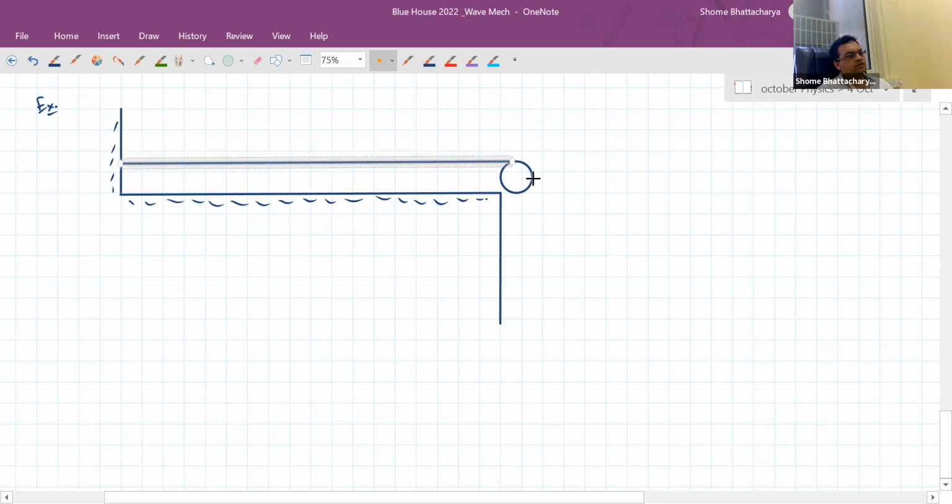And the other end of the string goes round the pulley. So it's a comparatively light string, at least compared to the weight of the block that we are attaching over here.